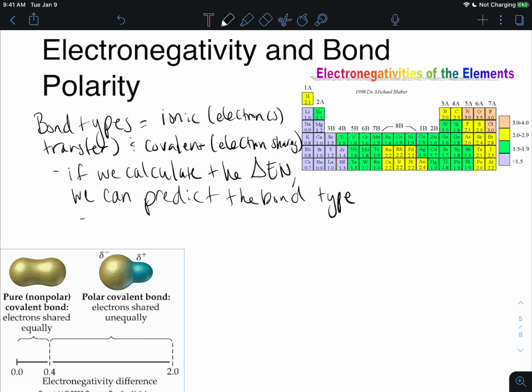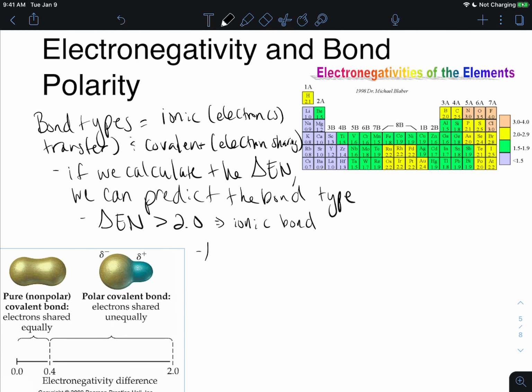Okay, so if our electronegativity difference is greater than 2.0, so if we have a significant enough difference, we have an ionic bond. And then anything lower than that 2.0 threshold is going to be a covalent bond. But we have two different types of covalent bonds.